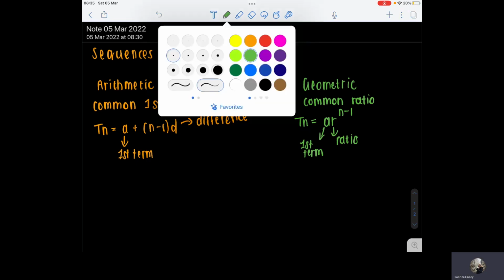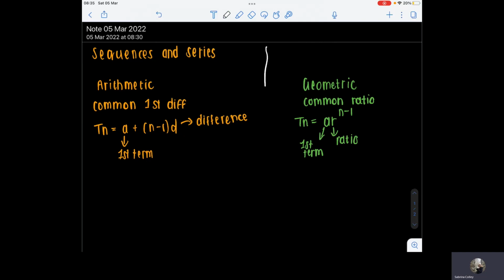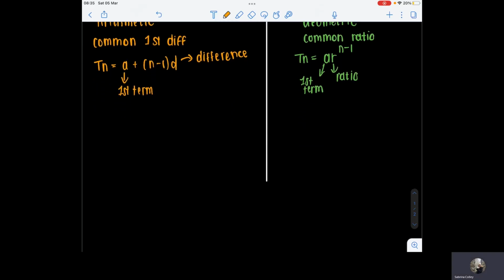Let's do just a few examples with each one before we move on. So if I say find the 10th term of the sequence 5, 12, 19.